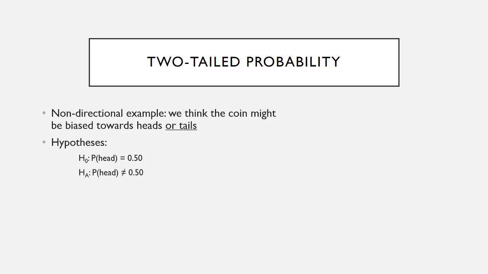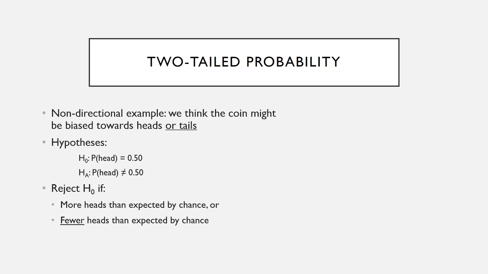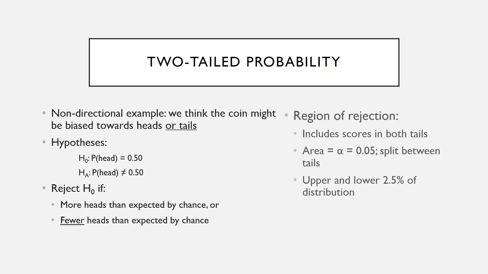for our significance testing. In this case, if we wanted to open the door to reject the null hypothesis with either more or fewer heads than expected by chance, like I said, you want to keep that region of rejection consistent. So, if you have a critical probability value of p equals 0.05, you take that 5%, you split it in half, and you plop one on the upper half of the distribution and the other on the lower half of the distribution.